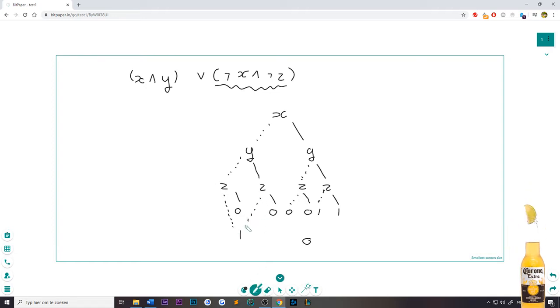This one's going to go to 1. These are all going to 0, and these are both going to go to 1.